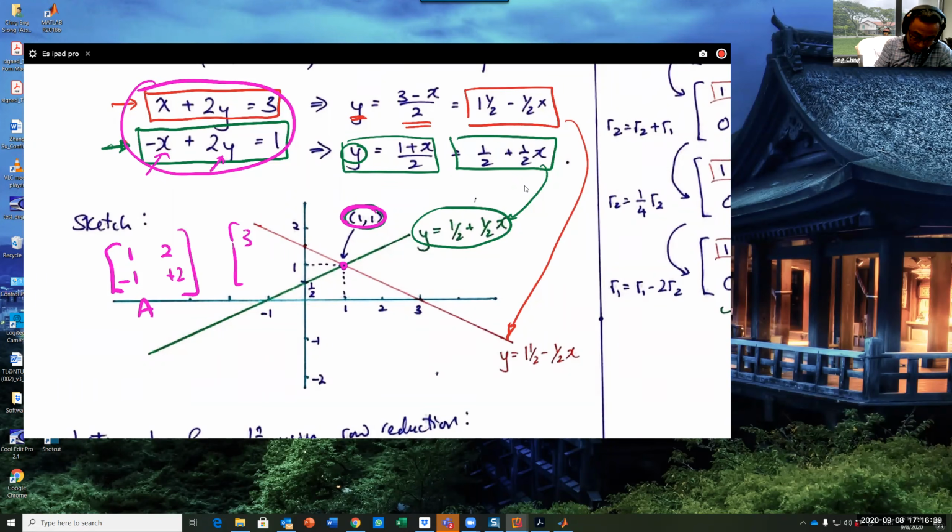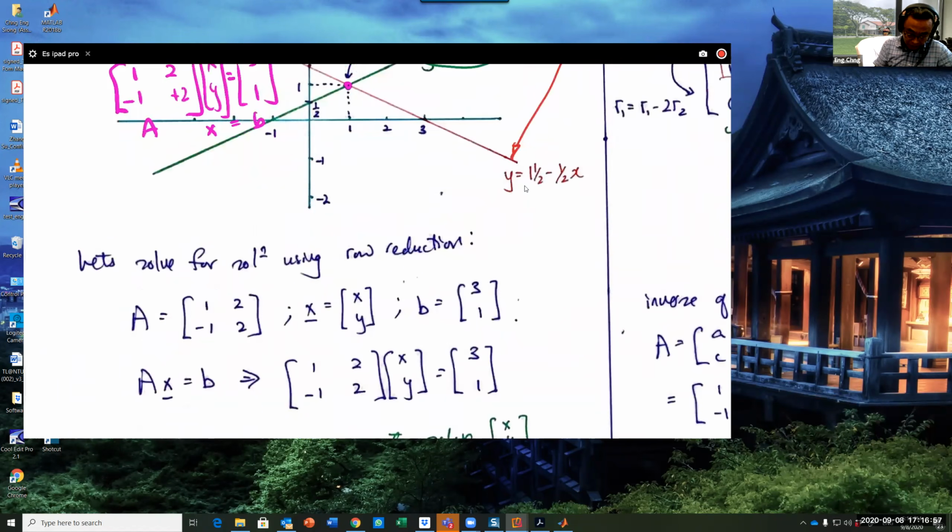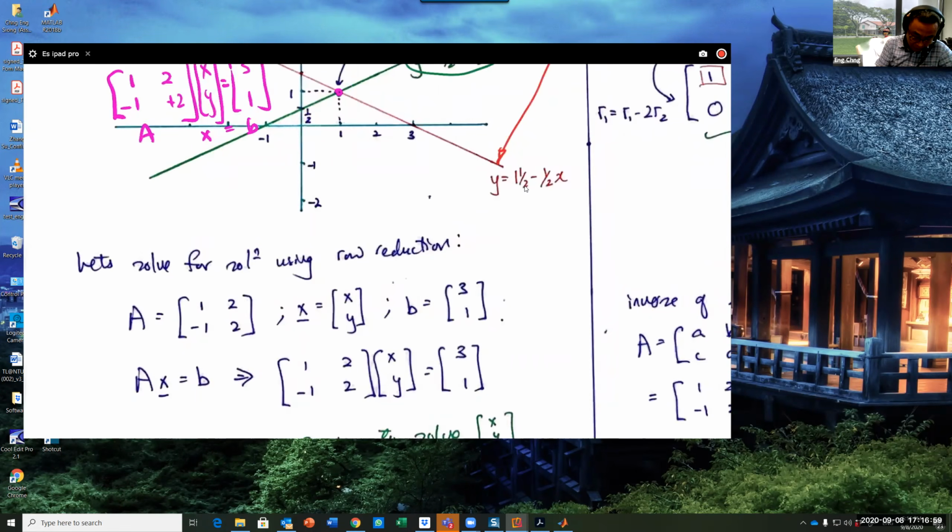So you write the coefficients like this. And then here is x and y, and equals, right? So that's the whole approach. We identify the equations, we write A, we write the vector x, and we write the vector B: Ax equals B. Okay, so that's what I did below. So we are here now.